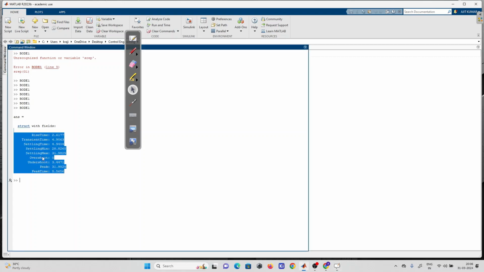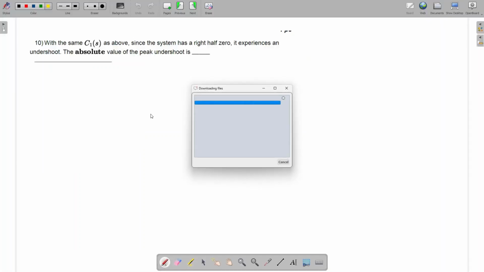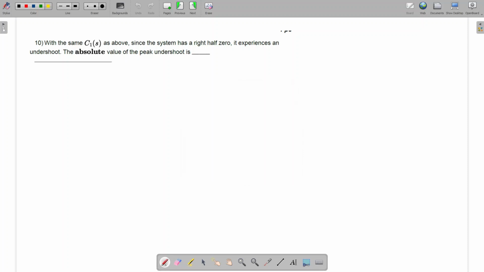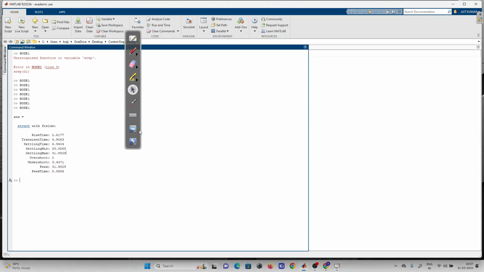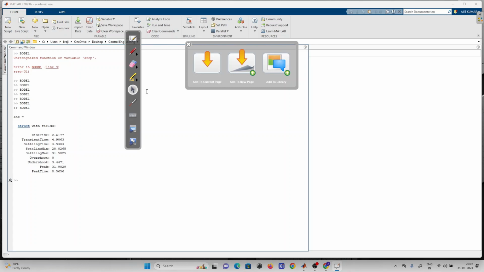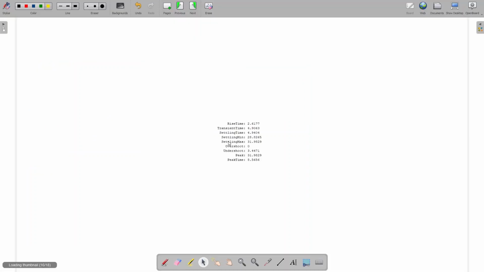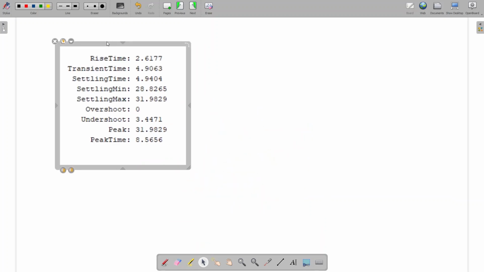I'll just copy this and paste it in the... Is it visible, these values? Can you reply? Now it is visible. Now it's okay, sir. So undershoot.